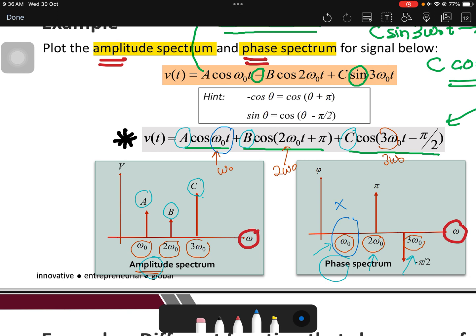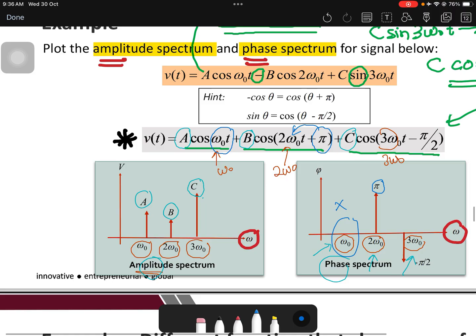For the second component, your theta belongs to the second angular frequency, so you can draw pi. And then what about the third component?